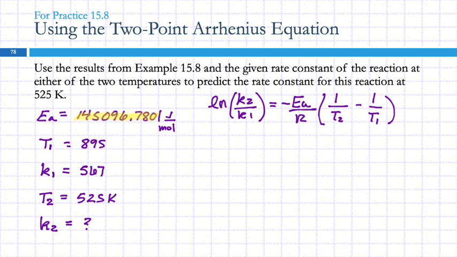So we're going to plug all these values in. Natural log K2, which is what we're trying to find, divided by K1, which is 567. That happened to be molarity to the minus 1 seconds to the minus 1, that's Kelvin.